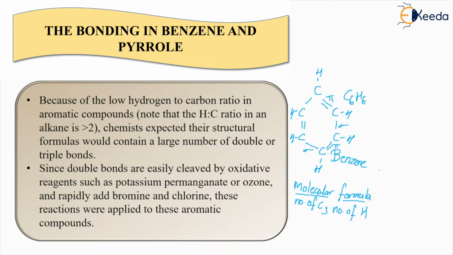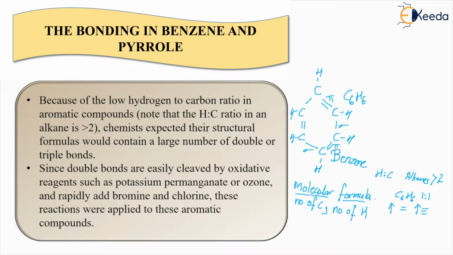Now they knew that the H to C ratio for alkanes is greater than 2. So when they found out C6H6, this ratio is 1:1, they expected what? More of double bond and more of triple bond. That is when they eventually realized that there also can be a cyclic possibility.